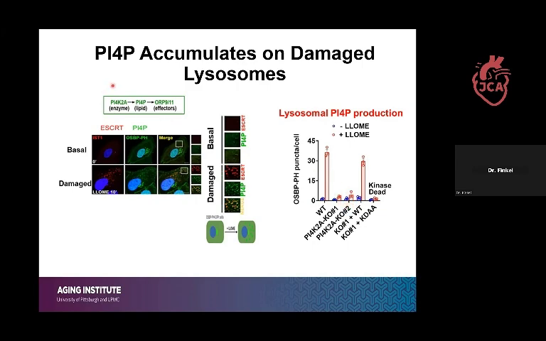So it definitely requires this PI4K2 alpha in the cell to generate this lysosomal PI4P. If you take these knockout cells and you put back the kinase, you can restore this. But if you put back a kinase dead mutant of PI4K2 alpha, it's unable to do that. So that suggests that you need this kinase and you need its kinase activity to have this PI4P on the surface of the lysosome.